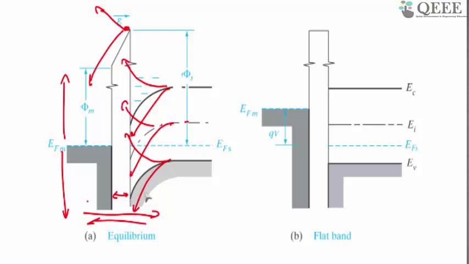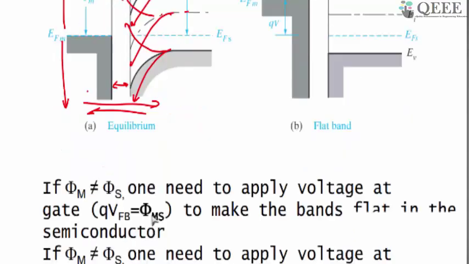Having a current makes the analysis complicated, because then you need to worry about the flow of electrons and write the continuity equations for electrons as well as holes. When electrons and holes start flowing, it disturbs the charge distribution, so you need to compute the charge concentrations again by solving Poisson's equation. But you don't need to worry about that in the MOS capacitor, because there is no current flowing through the system. That makes the analysis much easier.